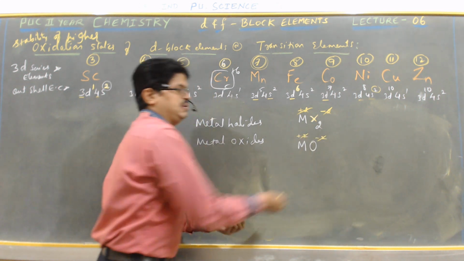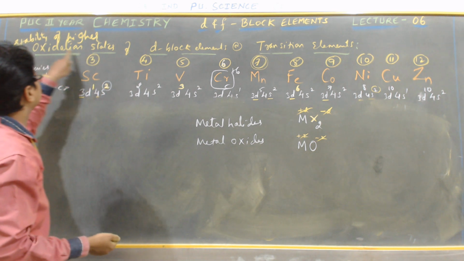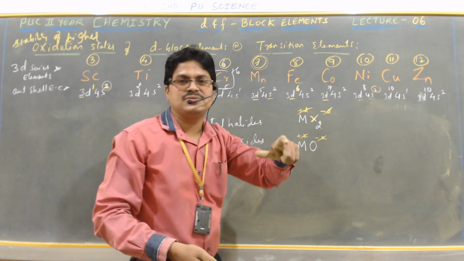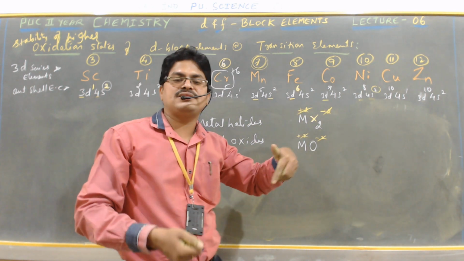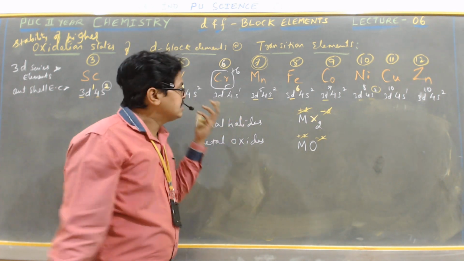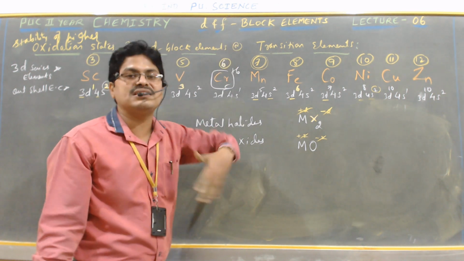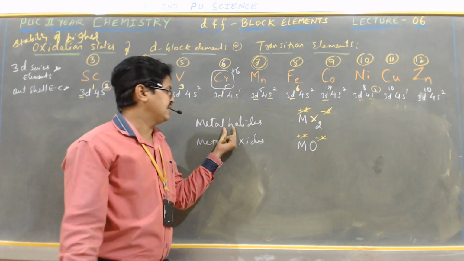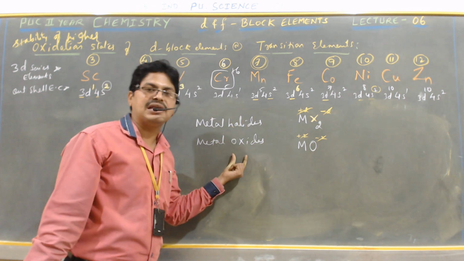Similarly, we can go with respect to the stability of a higher oxidation state. Let us understand how the higher oxidation states of these elements are stabilized, with respect to metal halides and metal oxides.